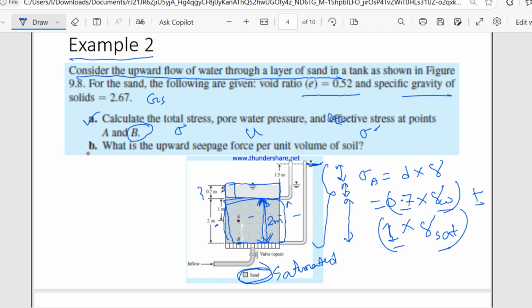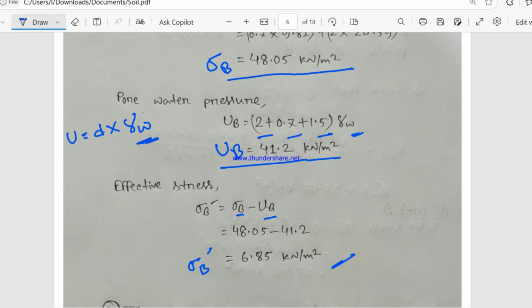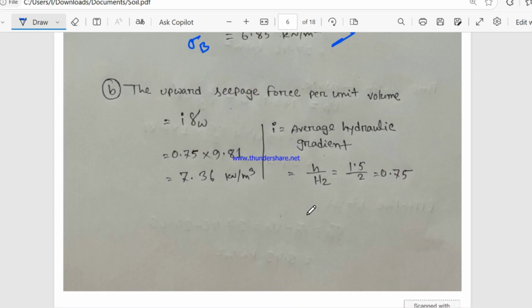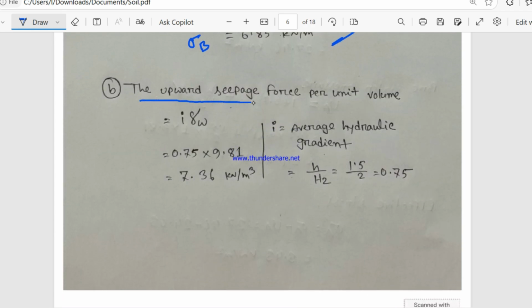Our next question is, what is the upward seepage force per unit volume of soil? We know the formula of upward seepage force per unit volume is i times gamma w. Here i is the average hydraulic gradient, which is h divided by h2.